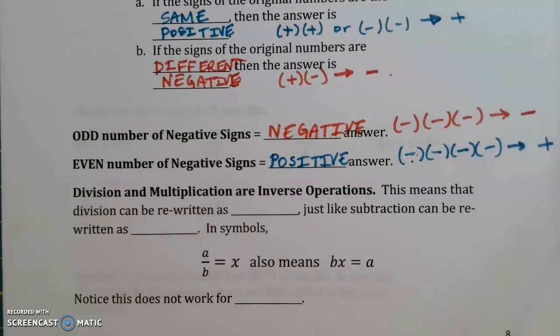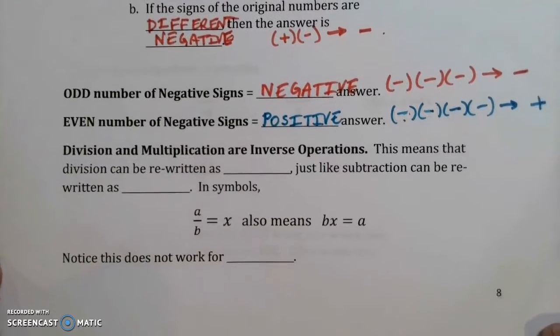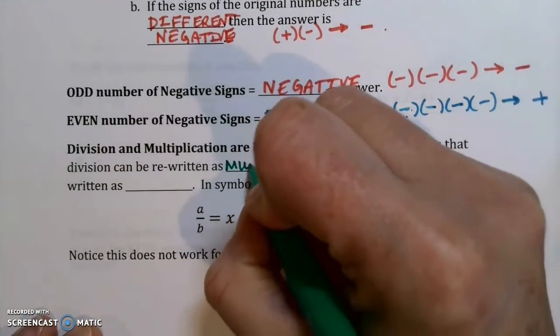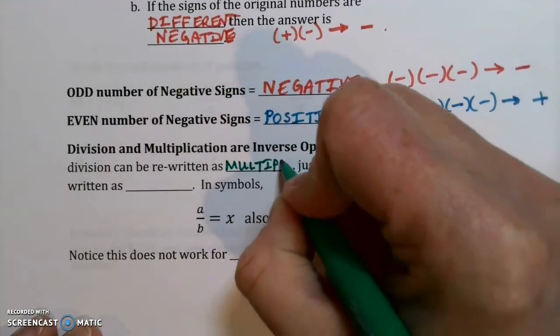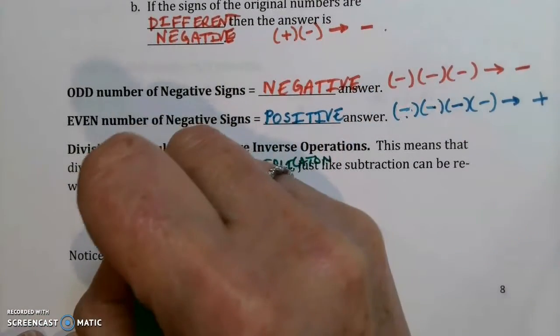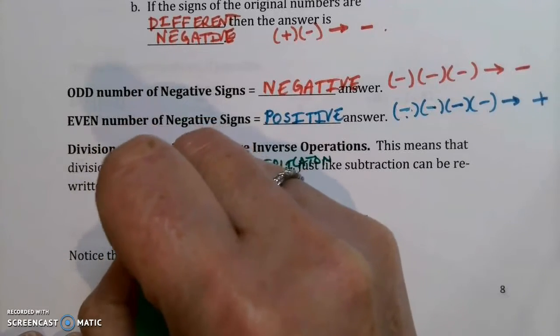When we were going from addition to subtraction, we talked about rewriting subtraction as adding the opposite. And something very similar happens with multiplication: division and multiplication are inverse operations, which means division can be rewritten as multiplication, just like subtraction can be written as addition.